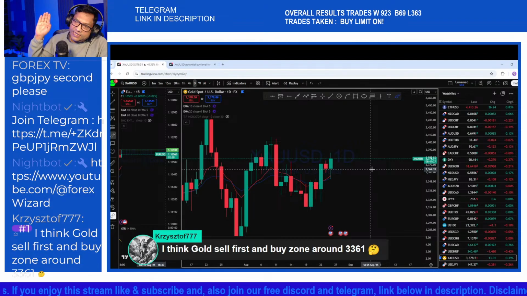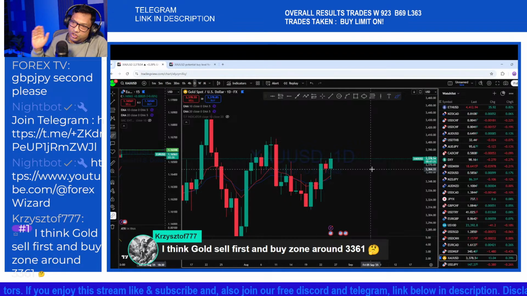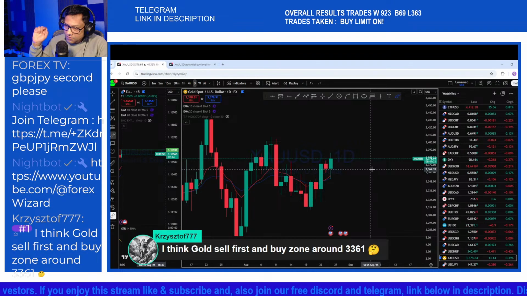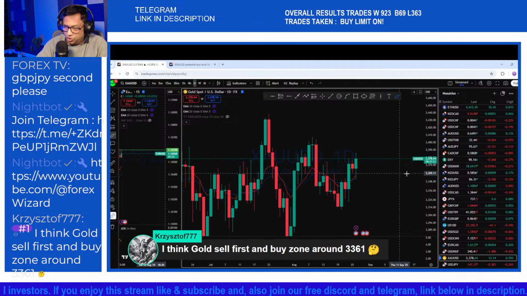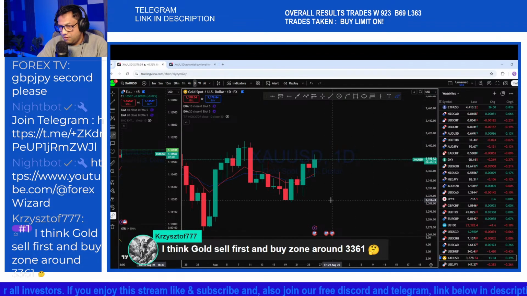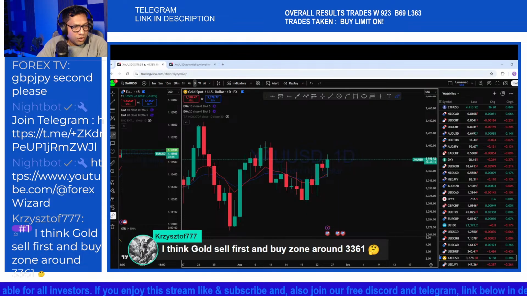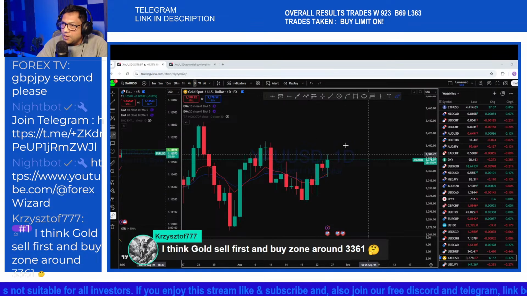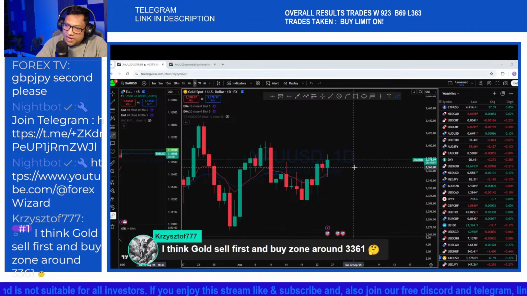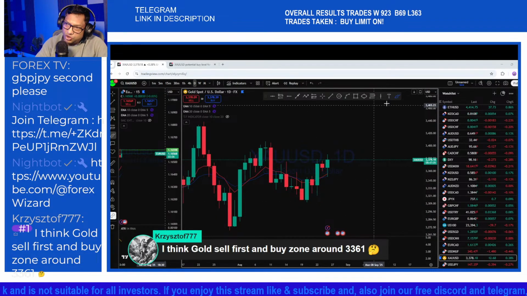Now let's see how the market structure is being built in this zone here. If you look here, what do you see? This is the daily market structure, right?